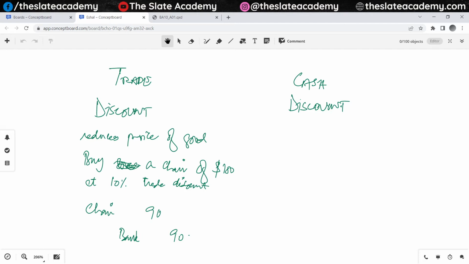However, for the same chair, if I buy on credit, let's just write it again. Chair worth $100 bought on credit, 10% discount if payment within 30 days, or let's say 7 days.